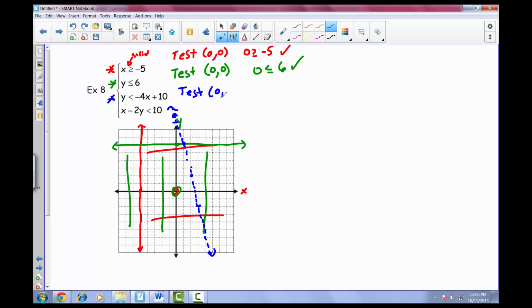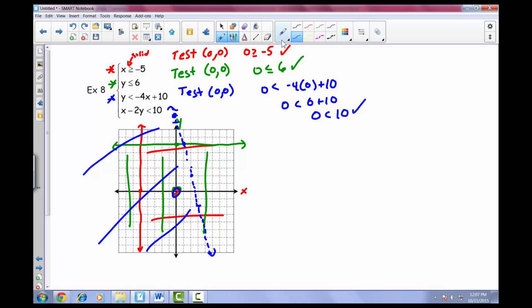So we can go ahead and choose 0, 0, which is clearly below that line. Is 0 less than negative 4 times 0 plus 10? So is 0 less than, this would just come out to be 0 plus 10. Is 0 less than 10? It most certainly is. So we tried 0, 0, it worked. Then all of these other points would work as well.